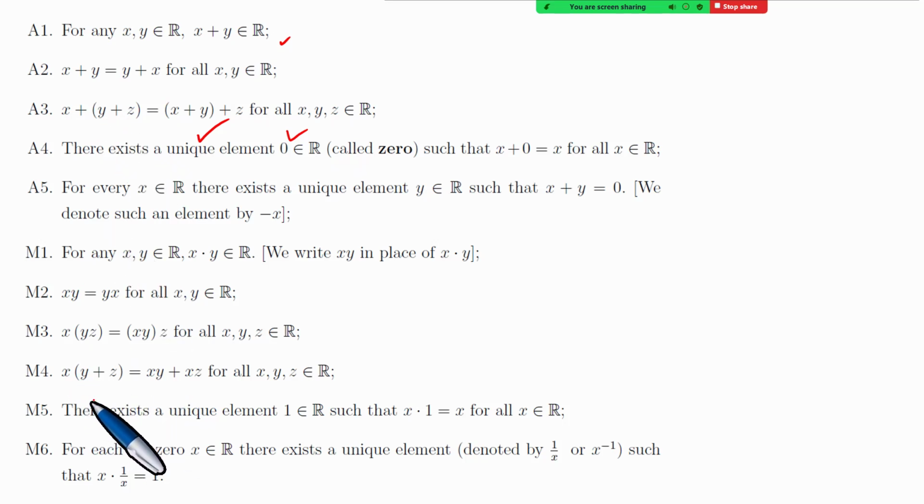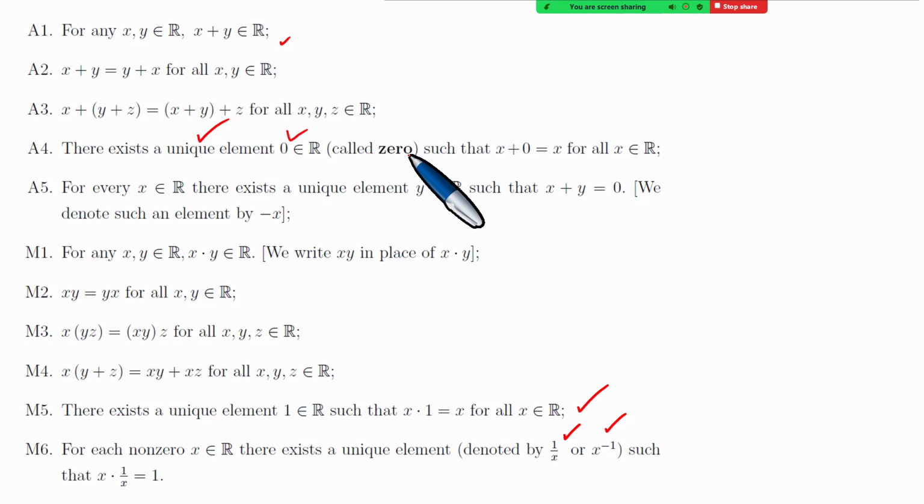But if you look at M4, then you have distribution, and multiplication distributes over addition from the left for all x, y, z in R. Next, there exists a unique element 1 in R, such that x times 1 is x for all x in R. For each non-zero x in R, there exists a unique element denoted by 1 over x, which is x to the minus 1, such that x times 1 over x is 1.